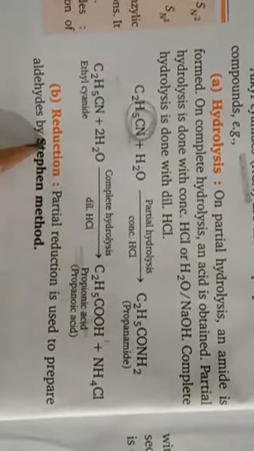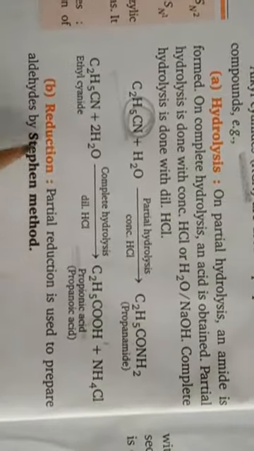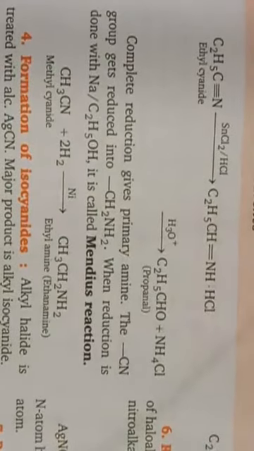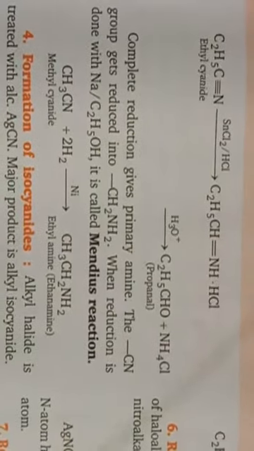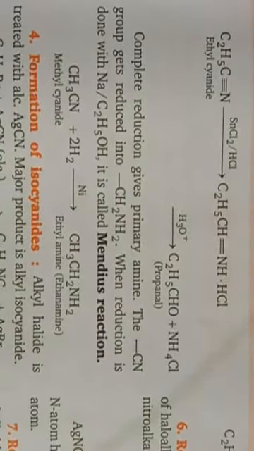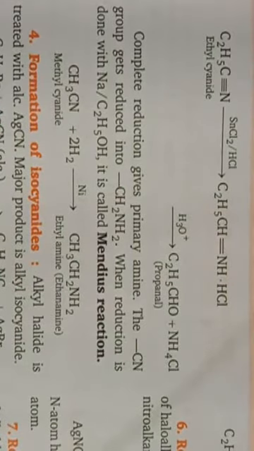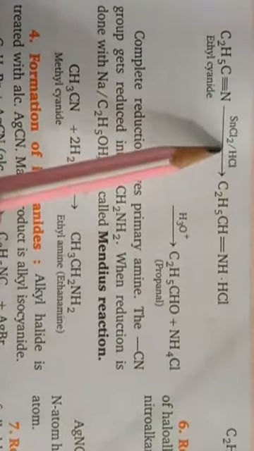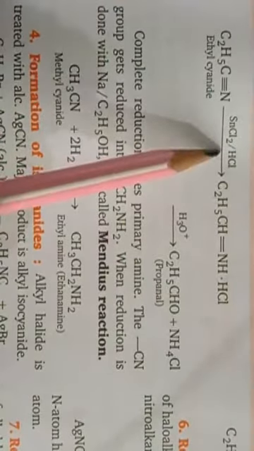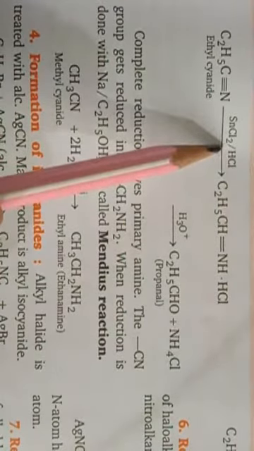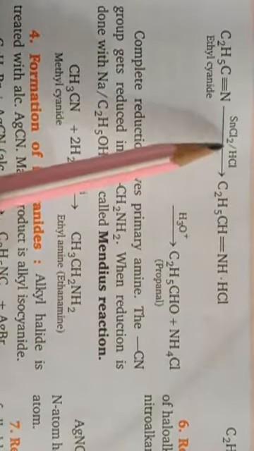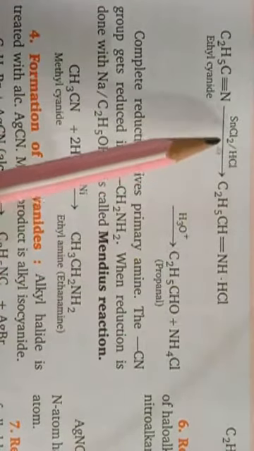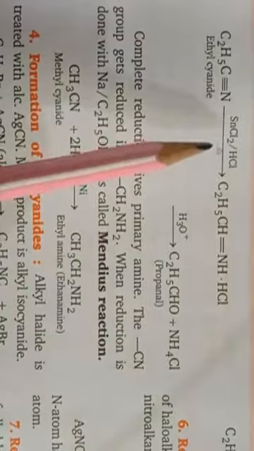Okay, it's reduction. So when we reduce CN group, reduction can be done in two different conditions, and accordingly the related compound will form. Under partial reduction condition, this reduction is also known as Stephen reduction.